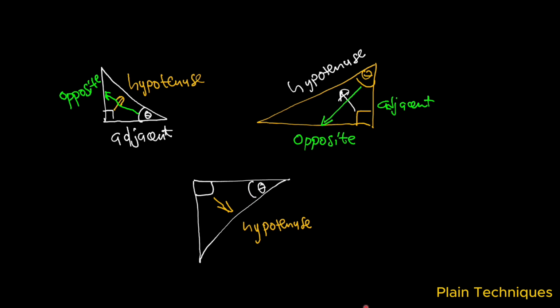Now, the side that is directly opposite that angle, right? This side will therefore be my opposite. So this side is directly opposite to the angle that I've been given. All right. So this is now my opposite. Okay. Automatically, the last side will therefore be my adjacent.